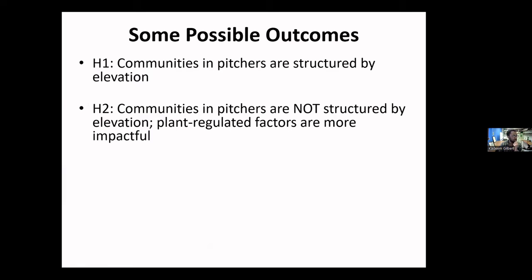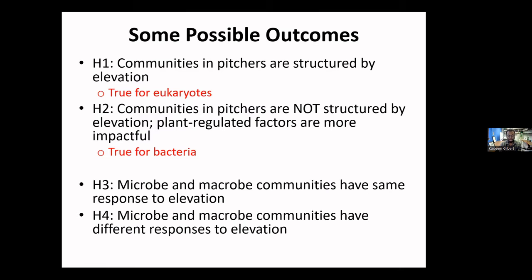So to wrap this story up, going back to our hypotheses, indeed we found that communities in pitchers are structured by elevation, if we're talking about the eukaryotic organisms, right? On the other hand, for bacteria, plant-regulated factors appear to be more impactful.